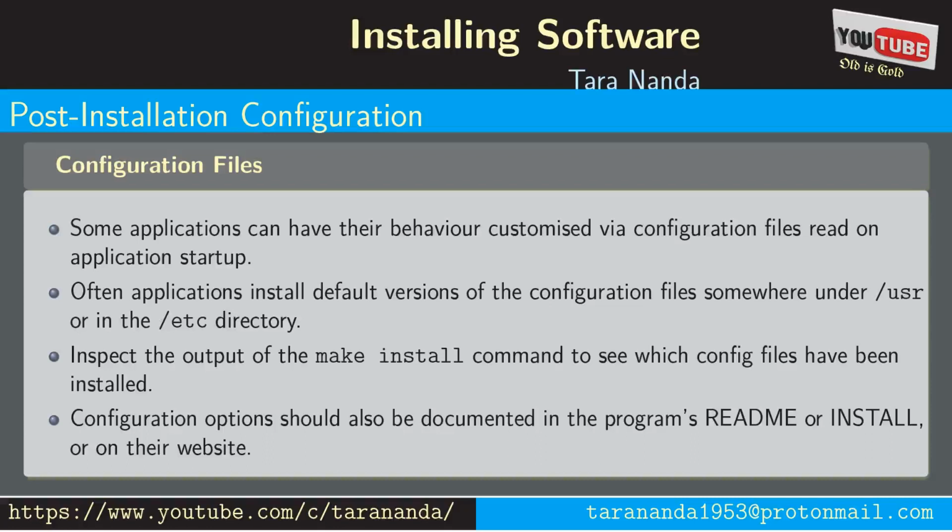You must inspect the output of the make install command to see which configuration files have been installed. Configuration options should also be documented in the program's README or install file, or on their website.